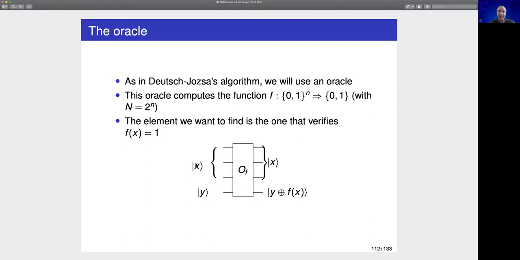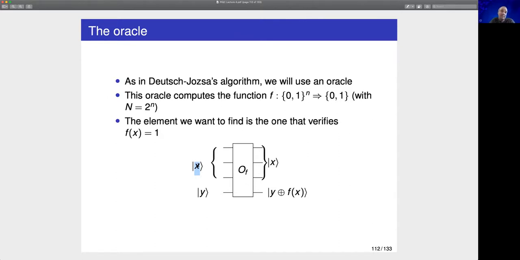And this input here can be the index of the element in the list, for instance. So we have a number for each of the positions in the list, and then we feed this number in the oracle, and the oracle says 0 or 1 depending on whether the element satisfies or not the condition. Okay, so this is what we assume.